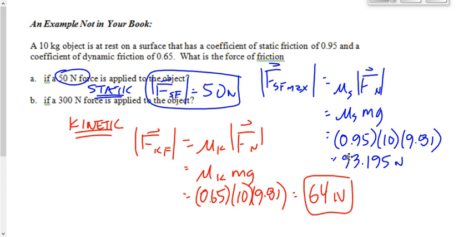Not quite, no. Getting there. Good. The maximum static friction is greater than kinetic. Okay, that doesn't mean that static friction is always greater than kinetic. The maximum static is bigger than kinetic.